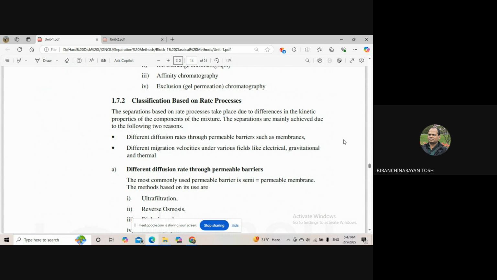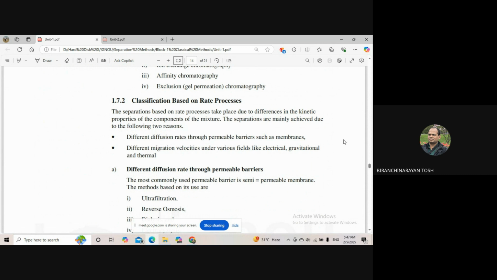So when you are using an electrical field, gravitational field or any thermal gradient, the migration velocity of one component will differ from that of another. So basing upon that, they can be separated.